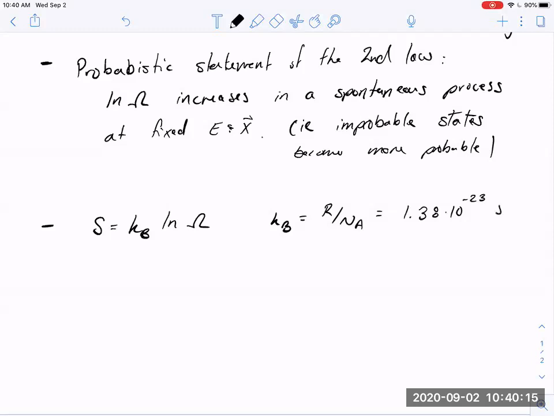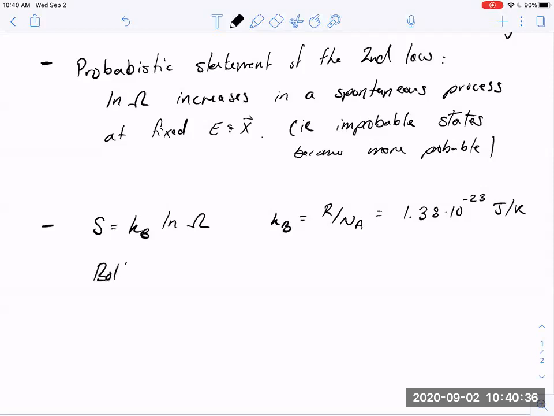So things like joules per Kelvin. It's something which is order 1 on a per mole basis. So something incredibly small on a per molecule basis.